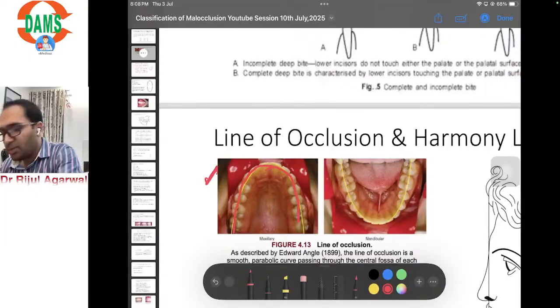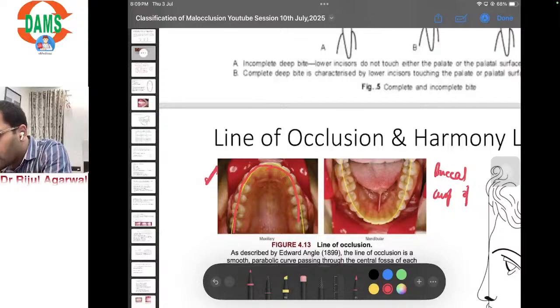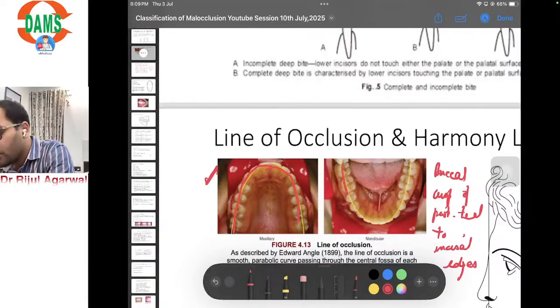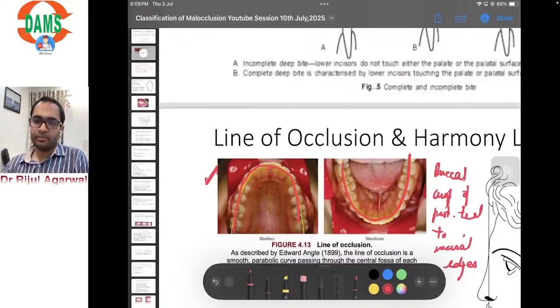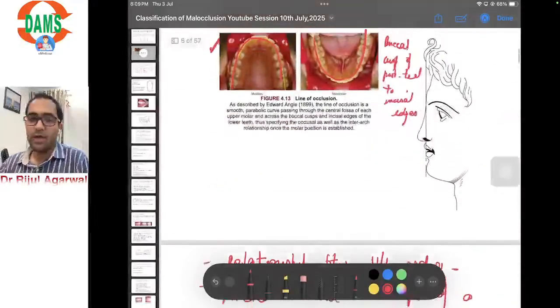And similarly in the lower arch, it passes from the buccal cusp of posterior teeth to the incisal edges of the anterior teeth. This is the line of occlusion in the upper and lower arches.